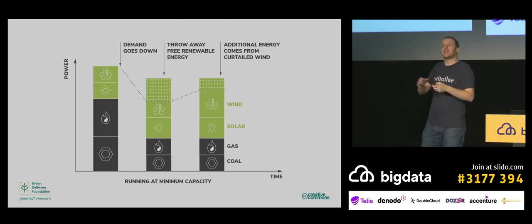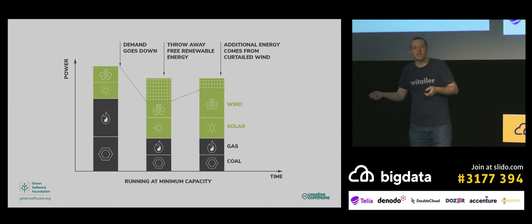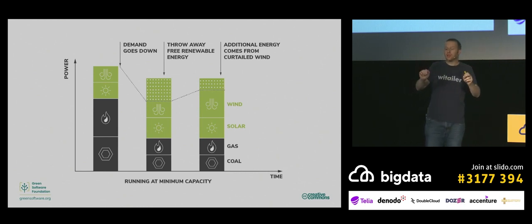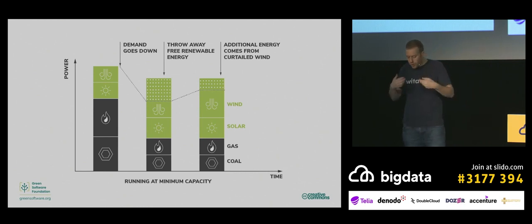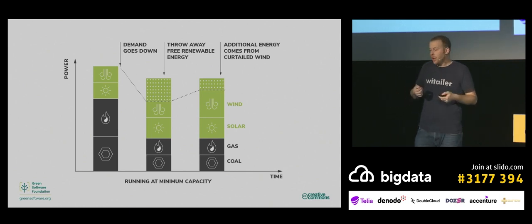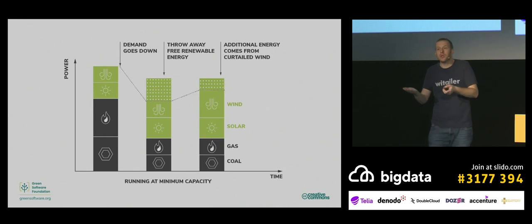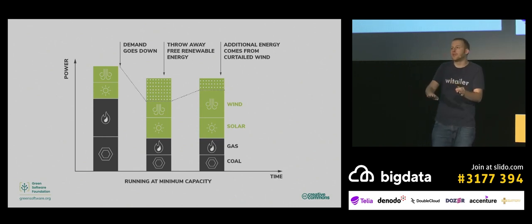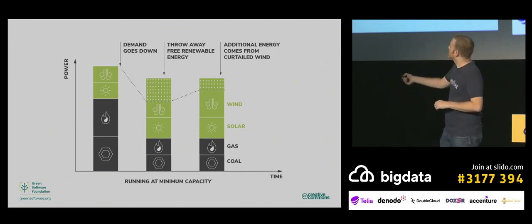You can't just say, okay, turn off the factory because there's the wind, there's the sun. So if you have a lot of sun and a lot of wind producing energy, you need to keep the plant on at a minimal level of service. That minimum can be this part.